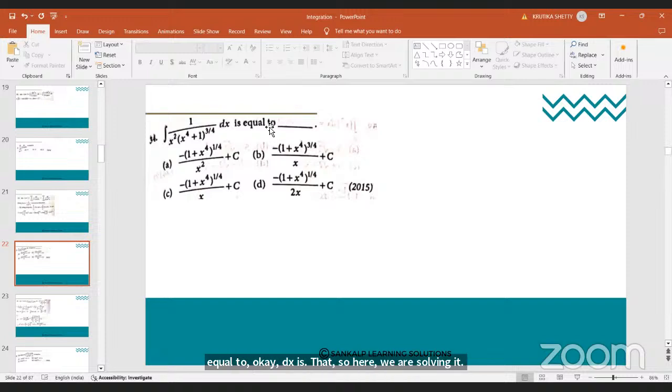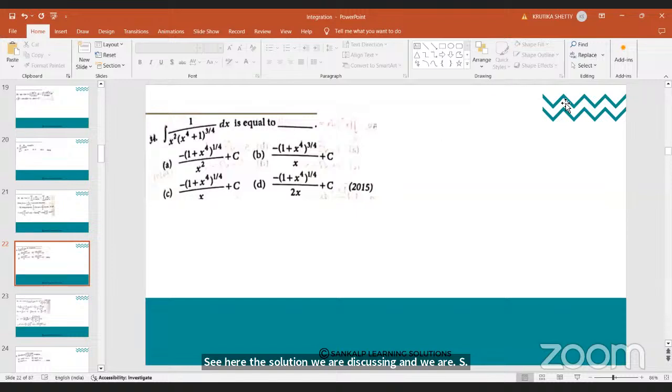To solve by the substitution method, we need to make an adjustment inside the bracket. See here the solution we are discussing, and we are solving this by making use of the substitution method.